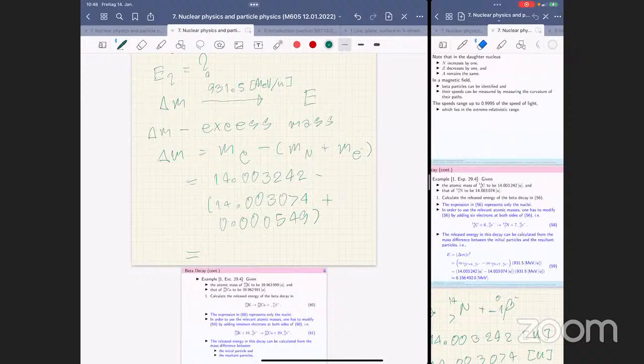Delta M equals 14.003242 minus the summation of two things: 14.003074 plus 0.000549, that's the mass of the electron, and you get, oh, what? 0.000307 or something. Huh? 0.003242.